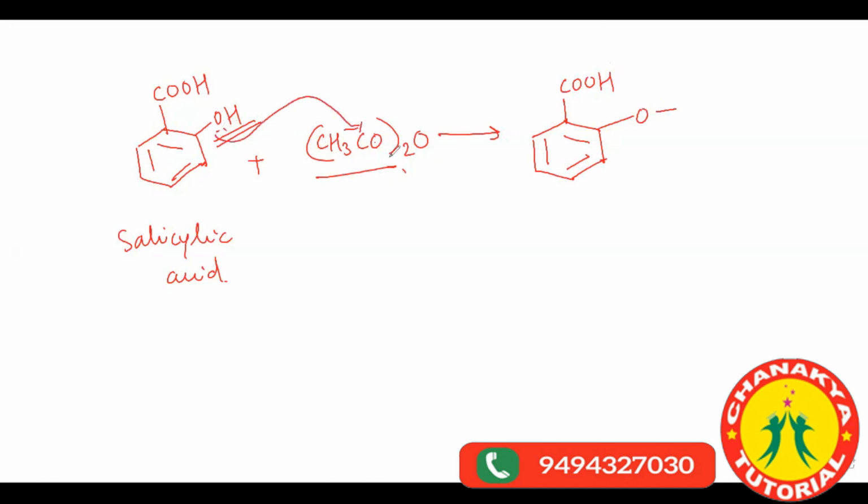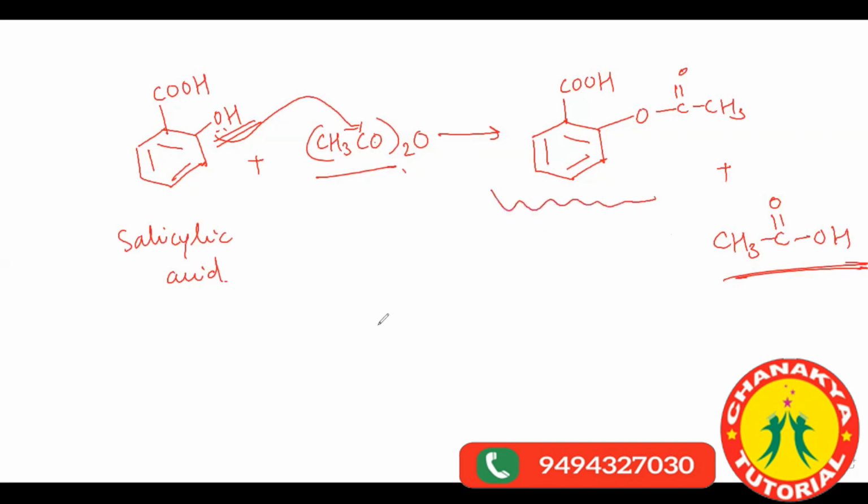This C=O CH3. Plus whatever remaining things are there: CH3, C=O, OH. This is a carboxylic acid, this is acetic acid actually. Yes. So these are the two products you will get in this case.